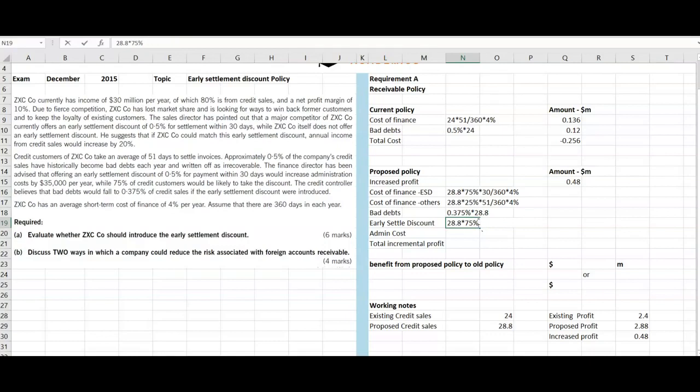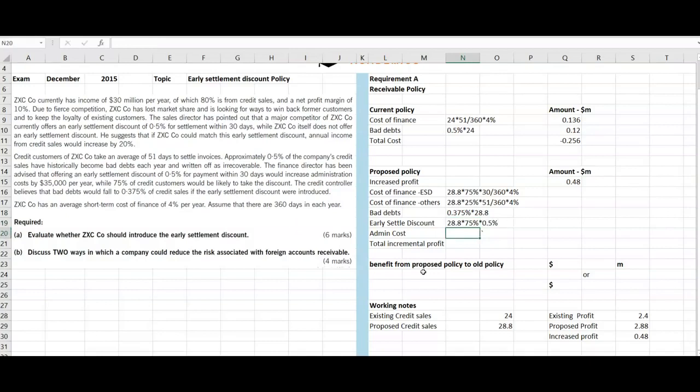What we have to calculate is, for the entire 28.8 into 75% of the credit customers, how much early settlement discount are we going to give? We are going to give 0.5% of early settlement discount. So that is going to be the early settlement discount part.